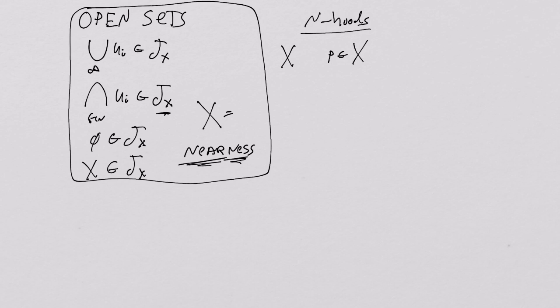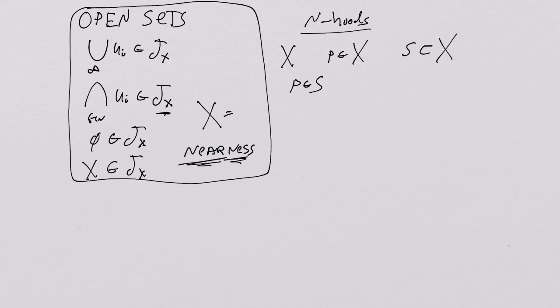one element of X. If there's a subset of X, we'll call it S for now, and we want to say that that subset is a neighborhood of P, then one thing for sure is that P is an element of S. So P is definitely an element of the neighborhood.